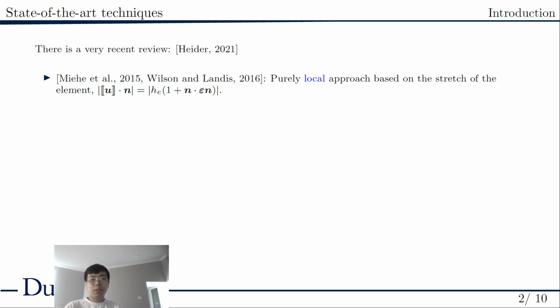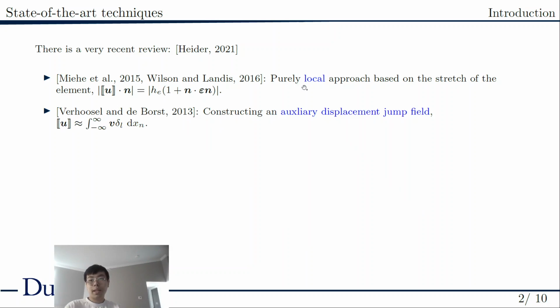So just a brief summary of the existing state-of-the-art techniques. The first approach to estimate this displacement jump is purely local. It is based on the stretch of the element and relying on the strain tensor. The second approach is constructing an auxiliary field to represent the displacement jump.